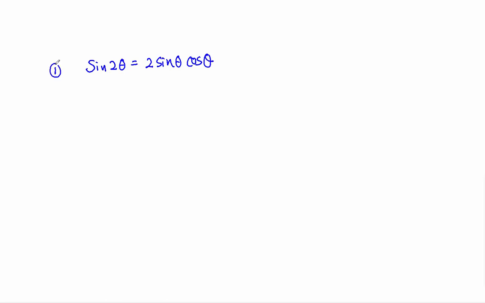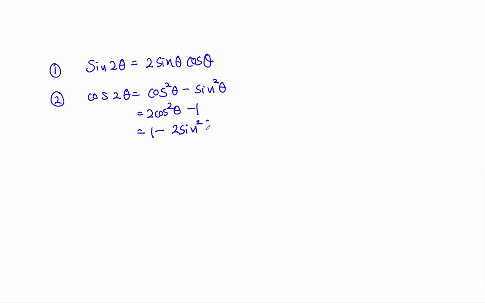The second one is cosine 2 theta. We have 3 different ways: cosine squared theta minus sine squared theta, or 2 cosine squared theta minus 1, or 1 minus 2 sine squared theta. Do you remember this one?